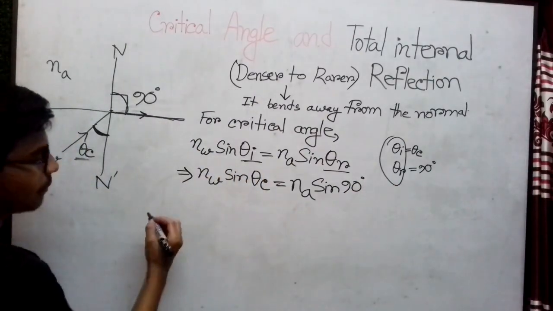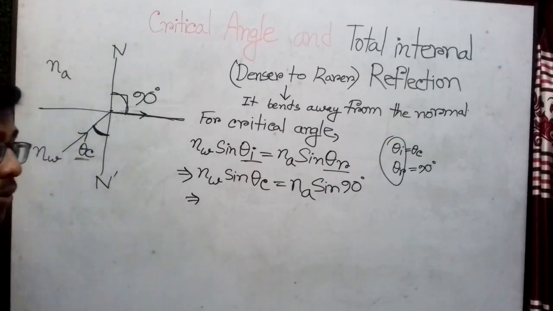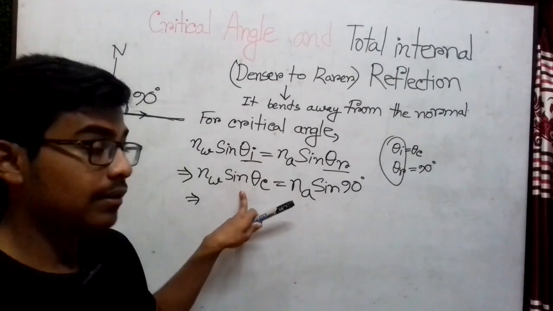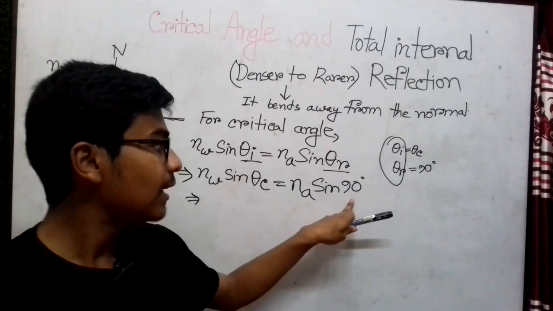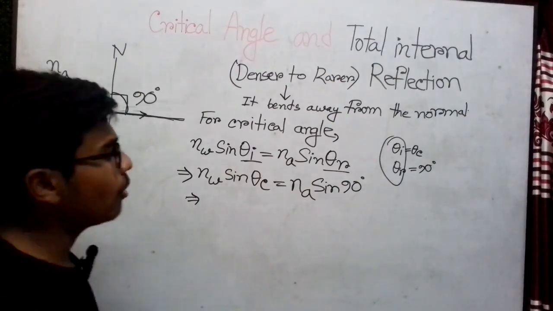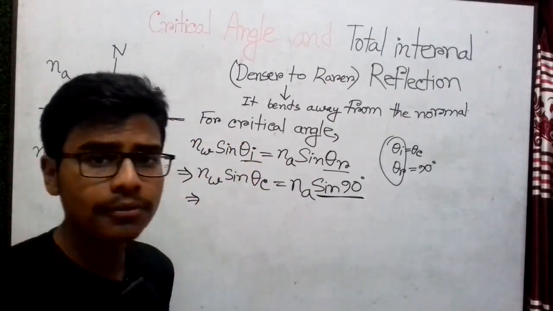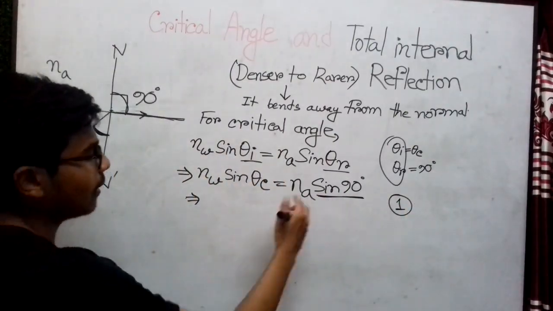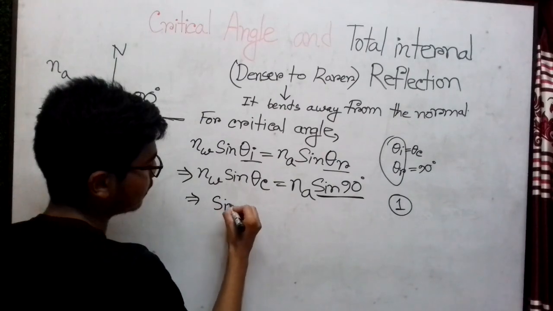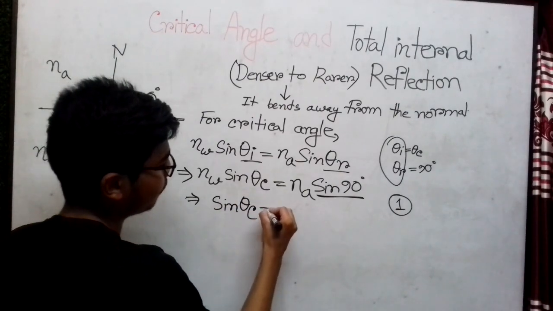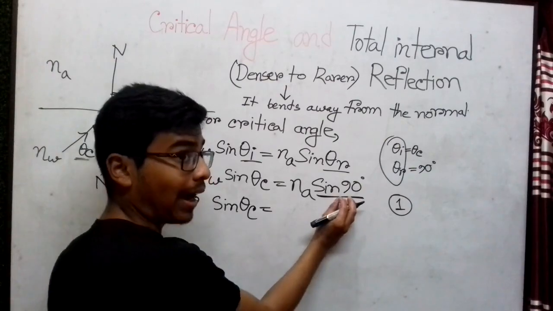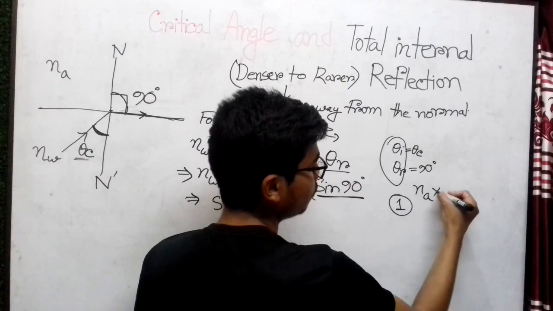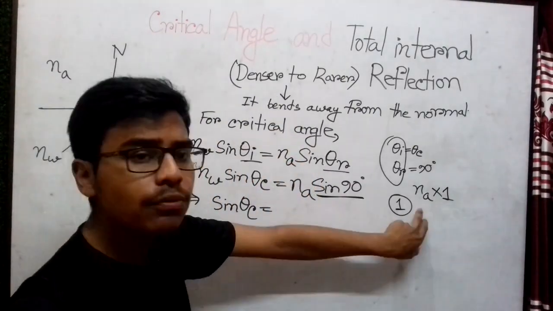Going forward with this equation, you can see NW sine theta C equals NA sine 90 degrees. You know the value of sine 90 degrees is 1; we all know about it. So if we multiply NA into 1, it will be NA.